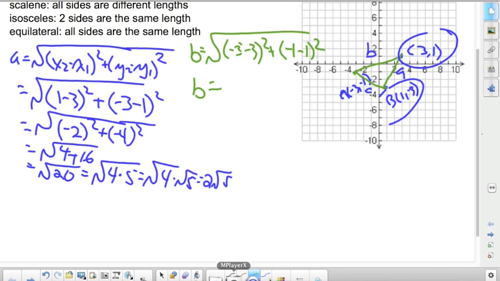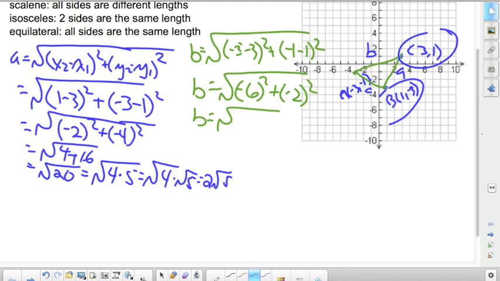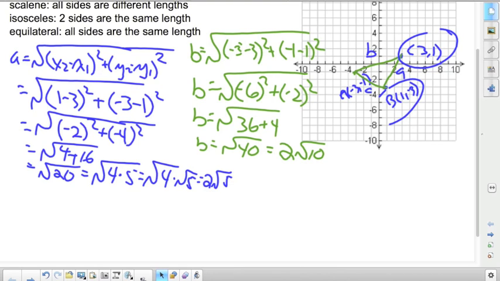So b is equal to, -3 minus 3 gives me -6 squared plus -2 squared. So b is equal to 36 plus 4, which is the square root of 40, which is the same as 2 root 10. So we can already see that we have two side lengths that are different.